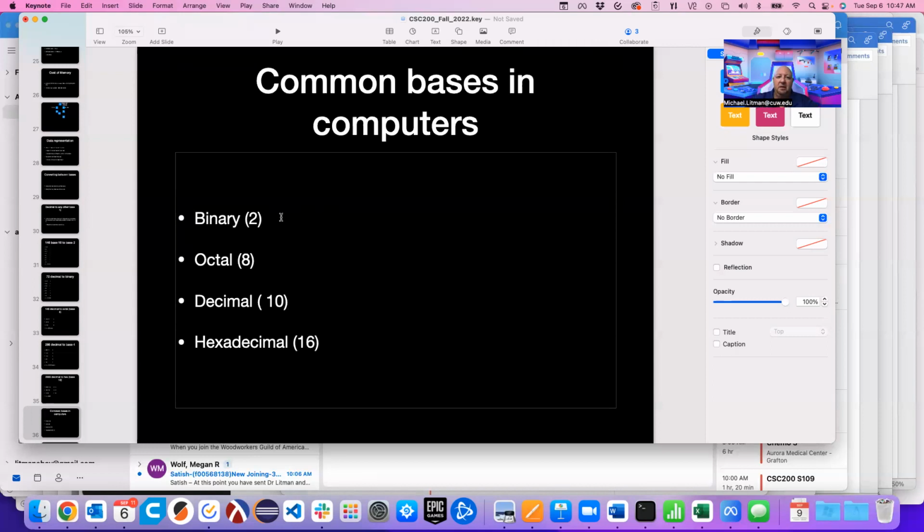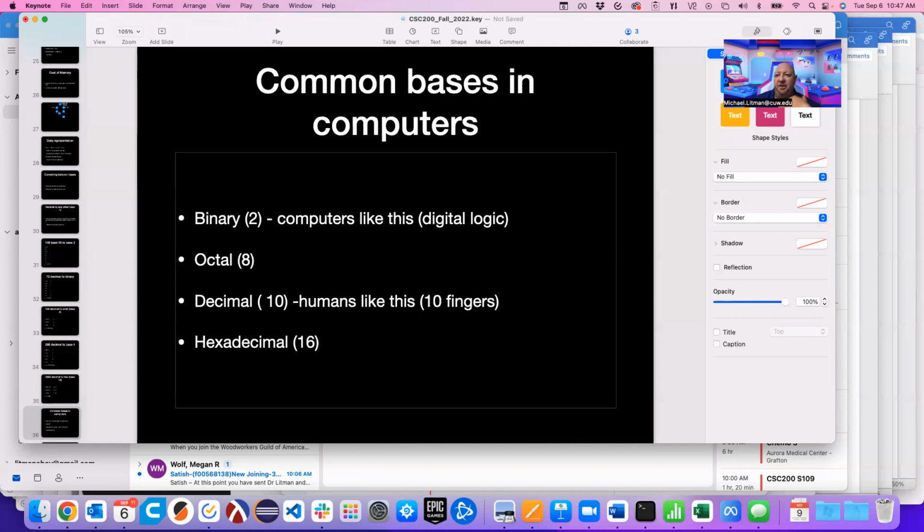Okay. Now we already answered why binary. Computers like this. Digital logic. Decimal is because humans like this. 10 fingers. All right.